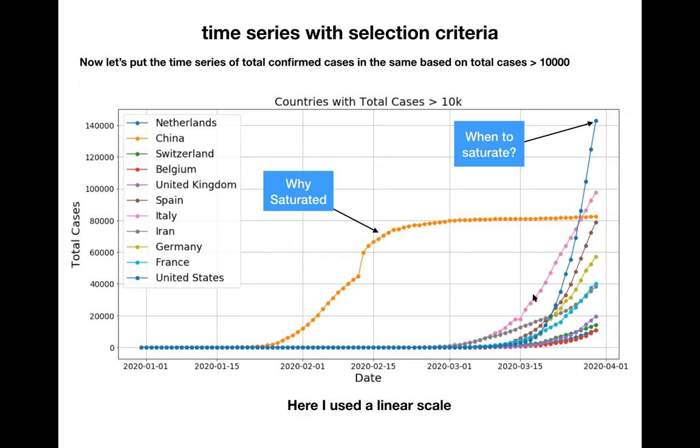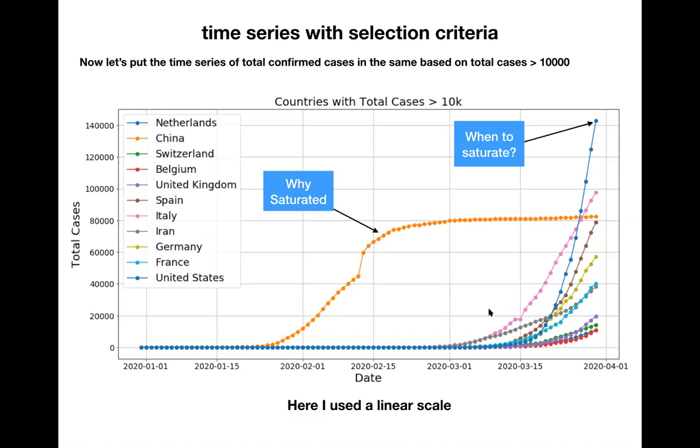You can see that different countries started to have this growth in the numbers at different times, and in places like China, it's already ended. You can see that this line curved around mid-February, and now it's saturated. And you can see that it takes about 40, 50 days to get from the exponential growth state to linear growth and then to saturate.